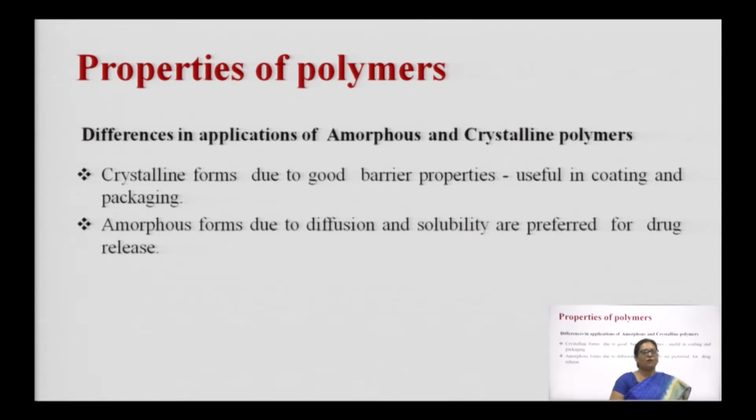Whereas, amorphous forms, due to their diffusion and solubility, as mentioned earlier, have an erratic arrangement of molecules or atoms. So, amorphous forms, due to their diffusion and solubility, are preferred for making drug release matrices. They can be utilized for controlled drug delivery applications.